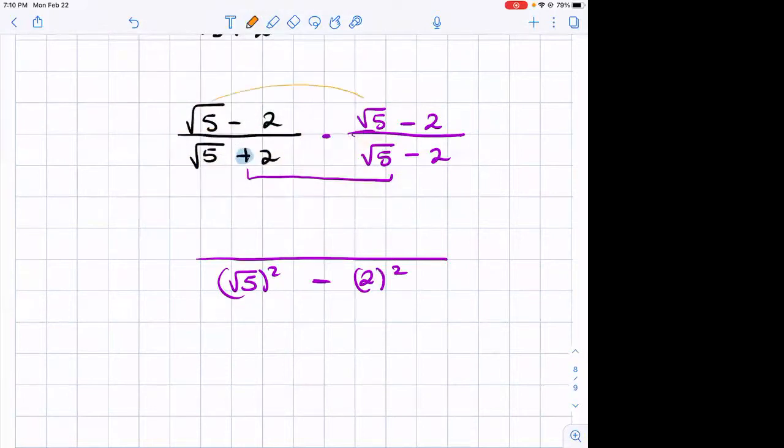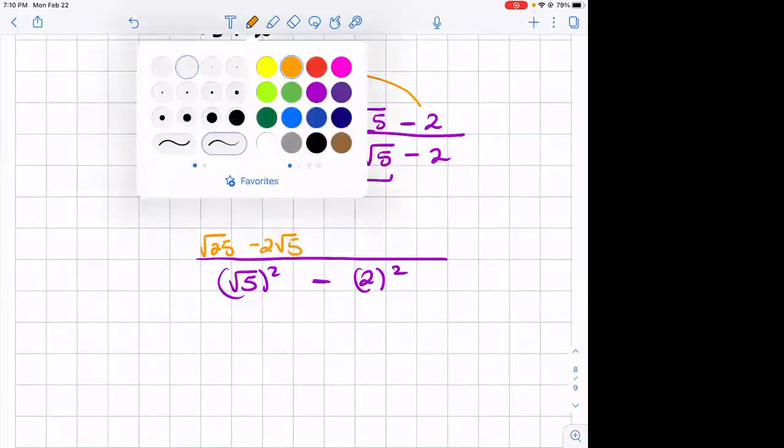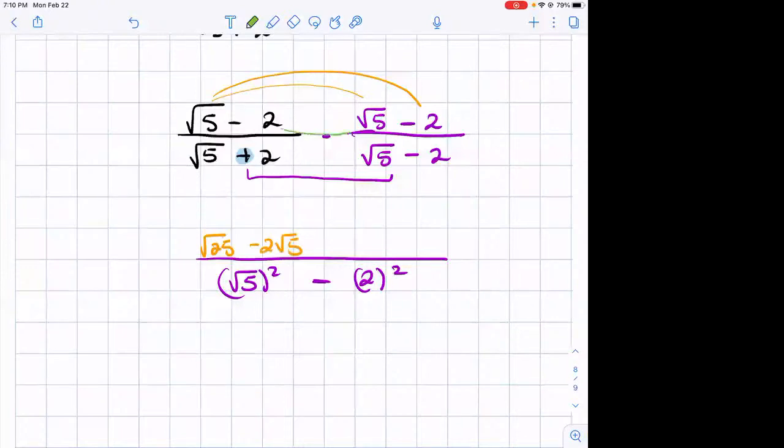So root 5 times root 5 becomes the root of 25. Then root 5 times minus 2 becomes minus 2 root 5. And then we multiply the next term. So this becomes minus 2 root 5. And then minus 2 times minus 2 becomes plus 4.